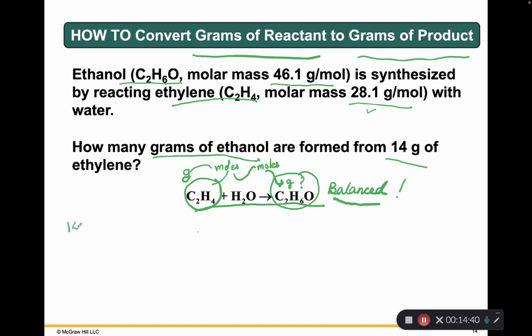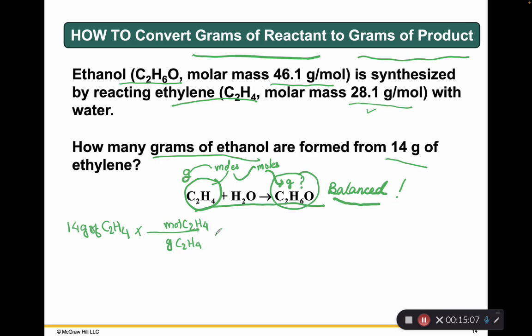Start with 14 grams of C2H4, right? So I need to get the moles. What I do is I put moles of C2H4 on the numerator and grams of C2H4 on the denominator.